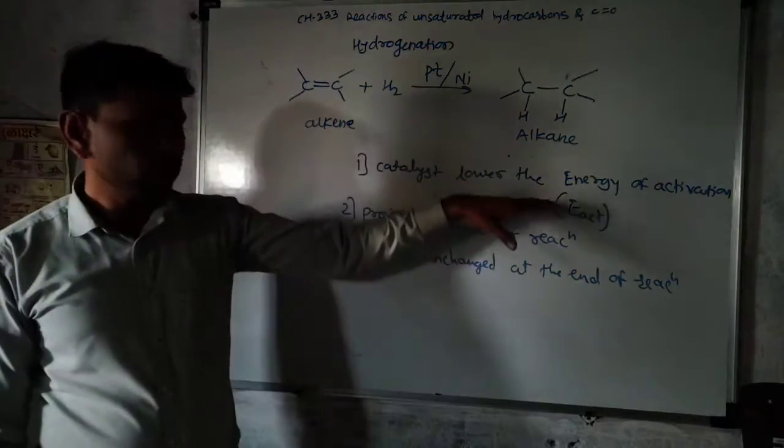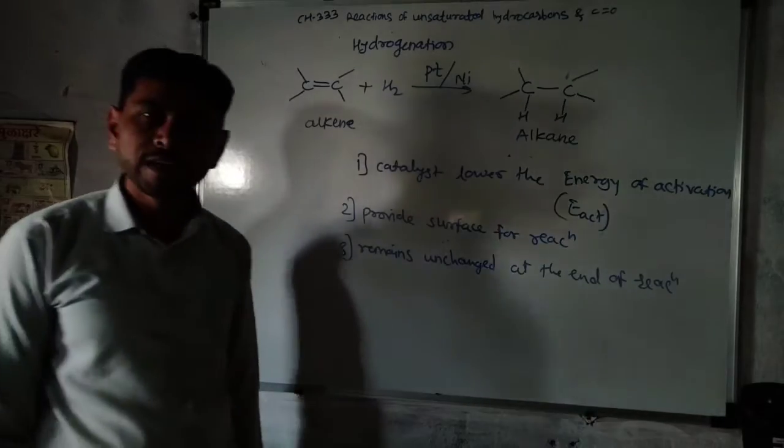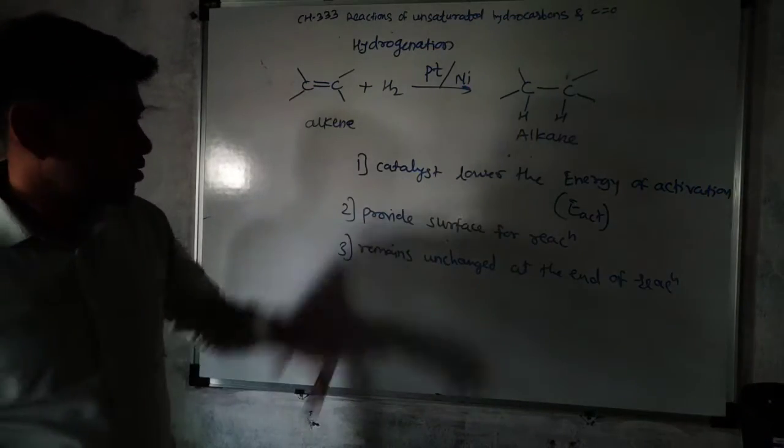So the catalyst lowers the energy of activation, provides a surface for the reaction, and remains unchanged at the end of the reaction. So these are the roles of the catalyst.